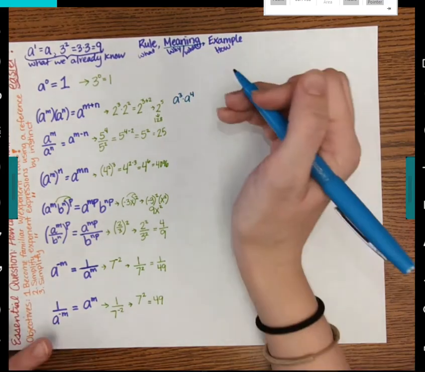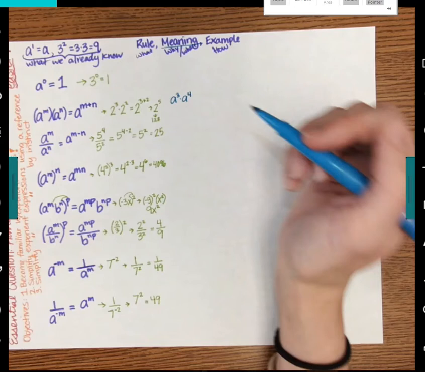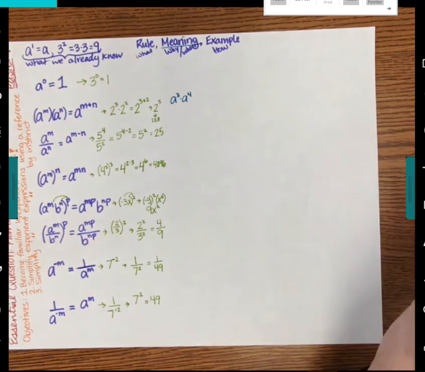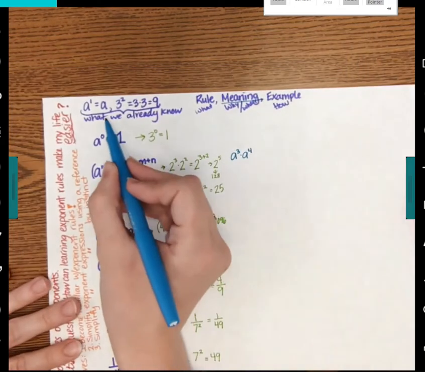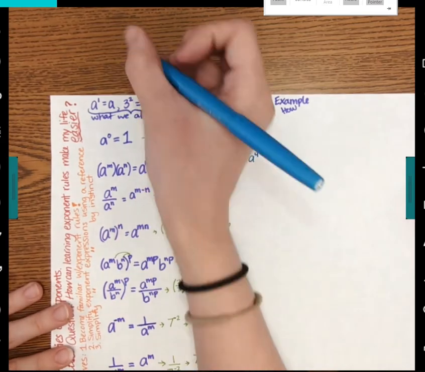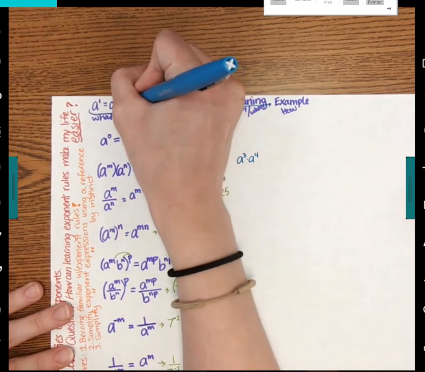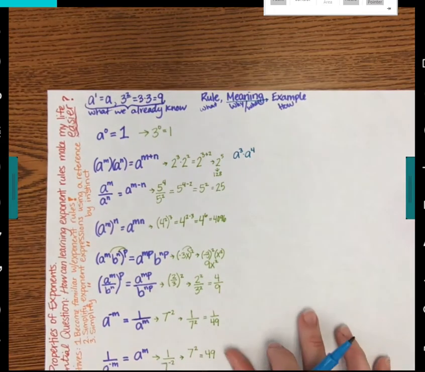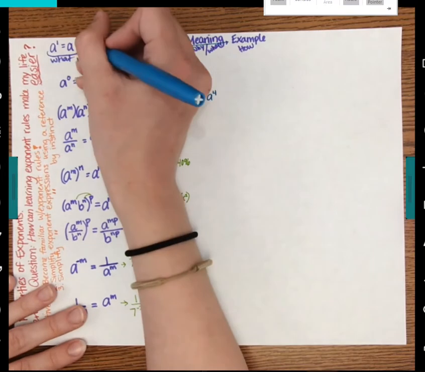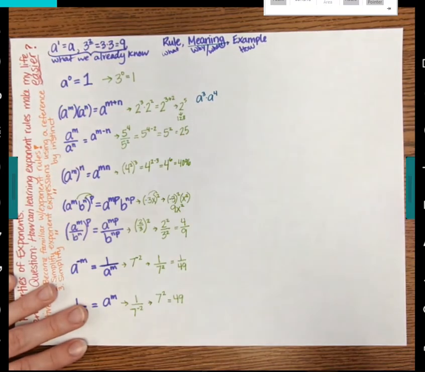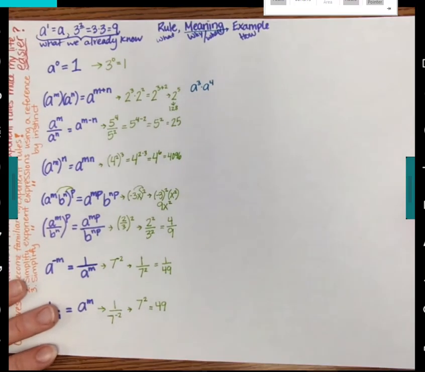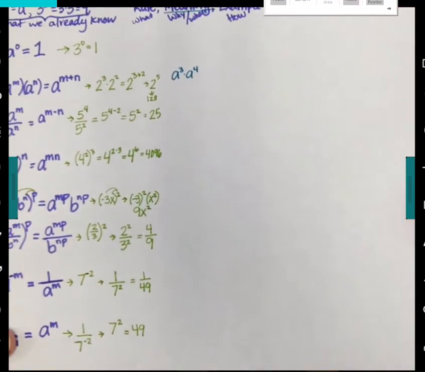If we have a to the 3rd times a to the 4th, going back to what we already know, an exponent power tells you how many times you multiply the base by itself, with a being the base there.